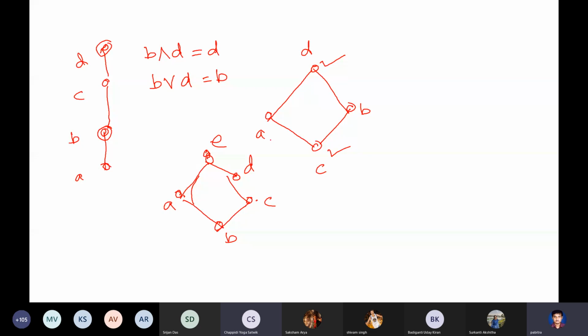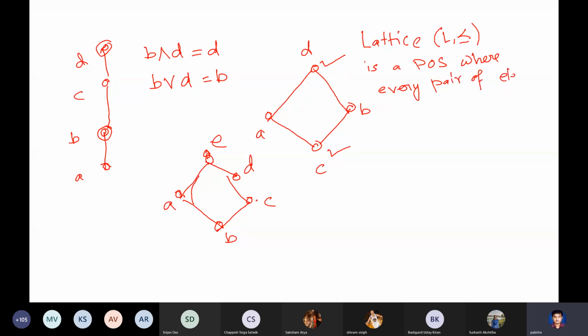So now we come to our definition. A lattice is a partially ordered set, a set equipped with a less than or equal to relation, where every pair of elements has a meet and a join.